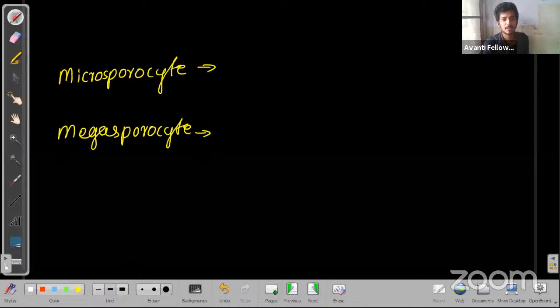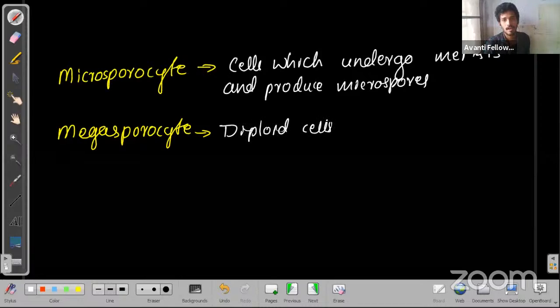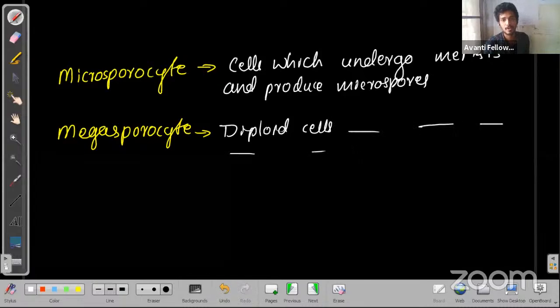So what is microsporocyte? Cells which undergo meiosis and produce microspores. Here it is the same thing: diploid cells which undergo meiosis and produce megaspores.